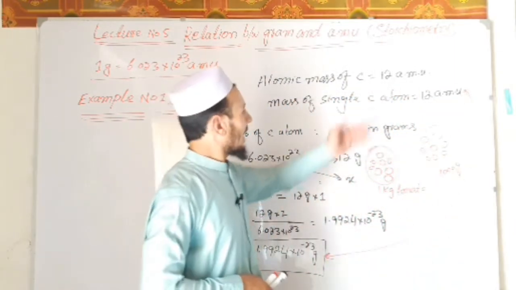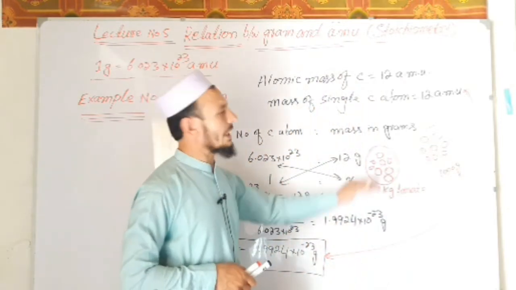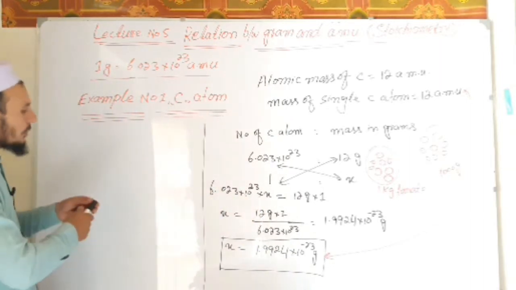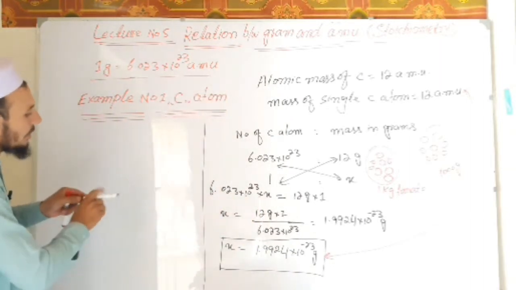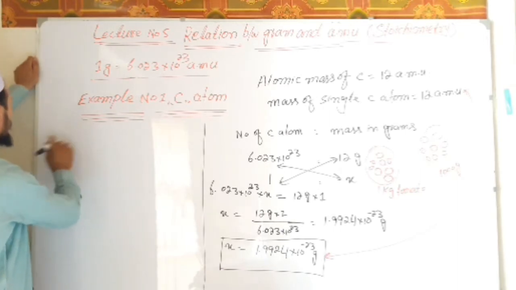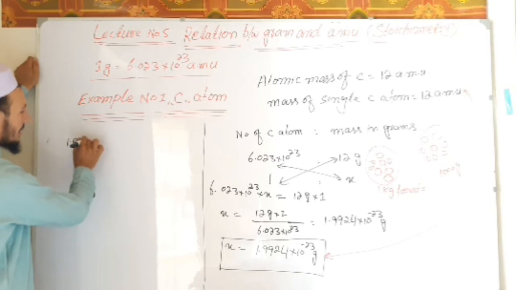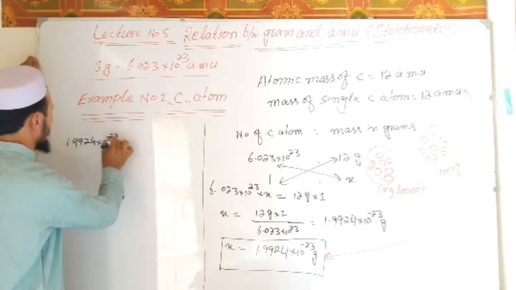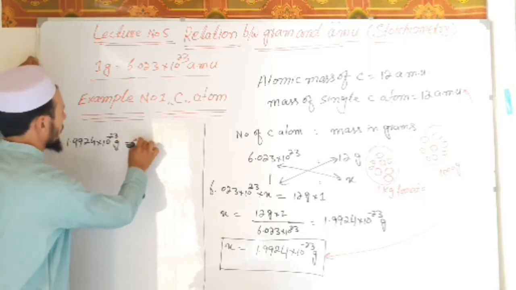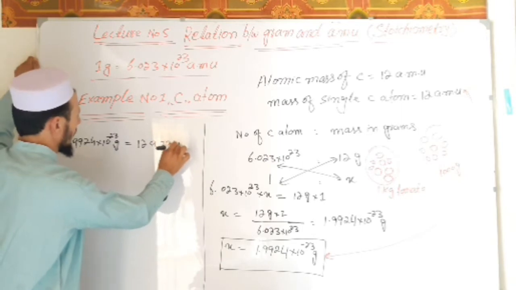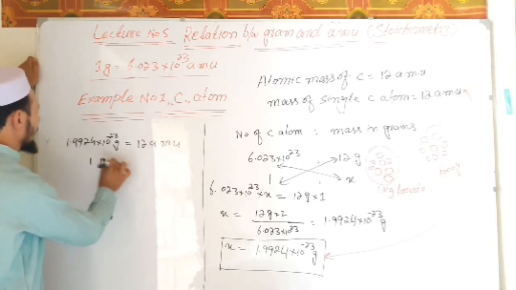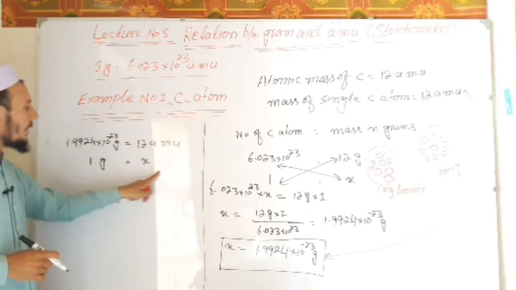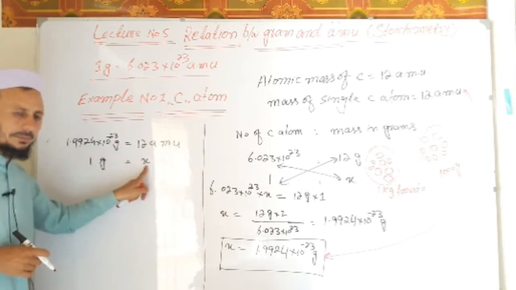Now, dear students, from here we will derive the relationship between gram and a.m.u. How? Let us understand. From this relationship we know that 1.9924 multiplied by 10 raised to the power of minus 23 gram is equal to 12 a.m.u. Then 1 gram will become equal to x a.m.u. What is x here?